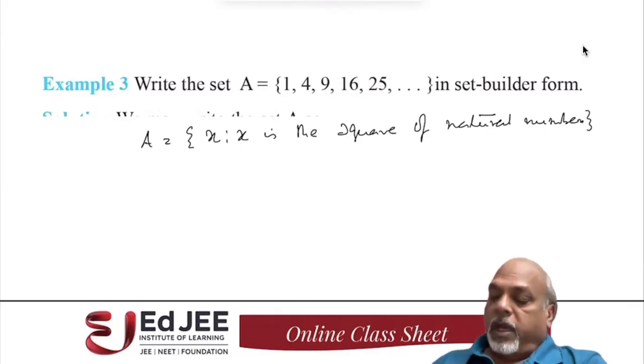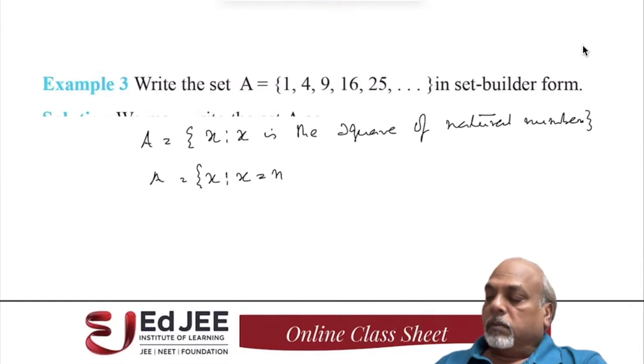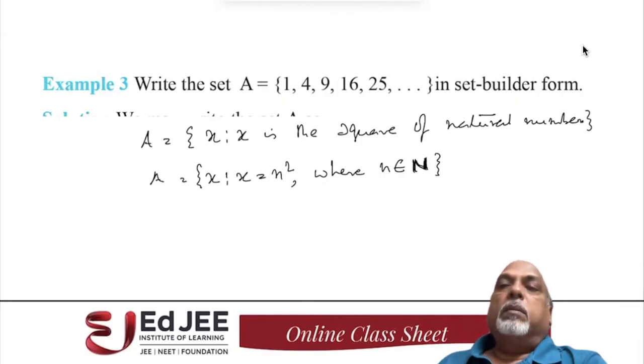Correct. Or we can write it this way also: x such that x is equal to n square, where n belongs to N. I told you these notations, where capital N denotes the set of natural numbers. Correct? So in two ways you can write this.